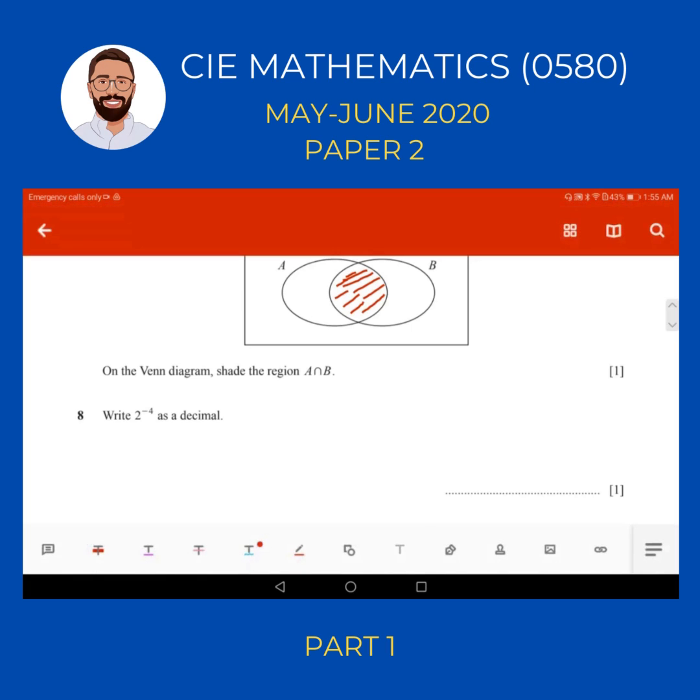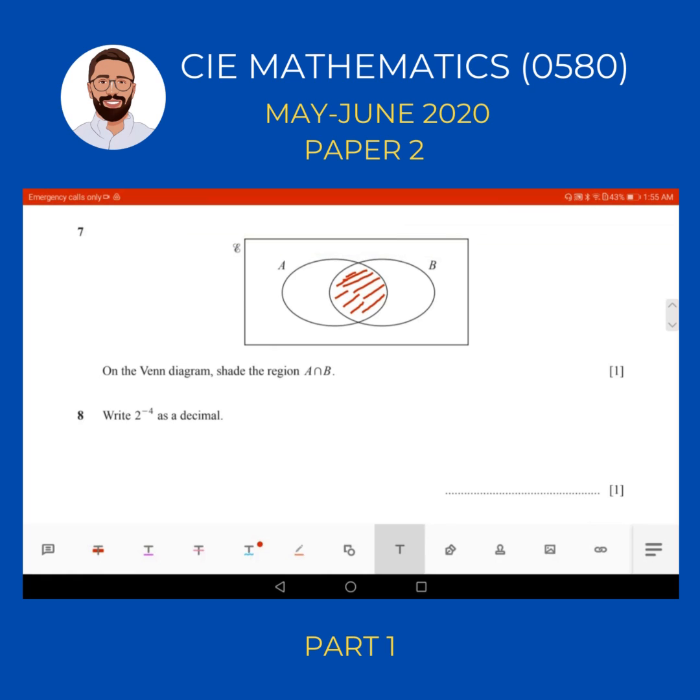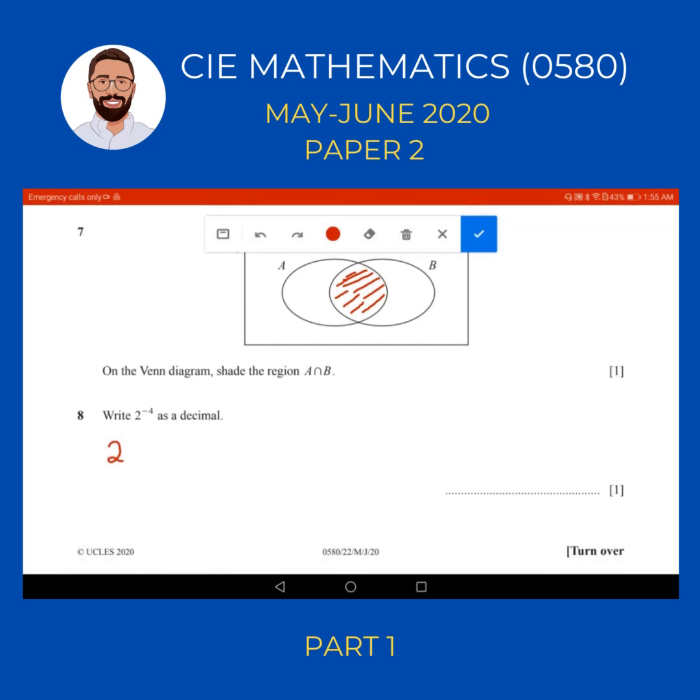So how can I write 2 to the power of -4 as a fraction? Now 2 to the power of -4 is the same as 1 over 2 to the power of 4, according to the rules of indices. And 1 over 2 to the power of 4 is 1 over 16, because 2 to the power of 4 is 16. So we got a fraction.